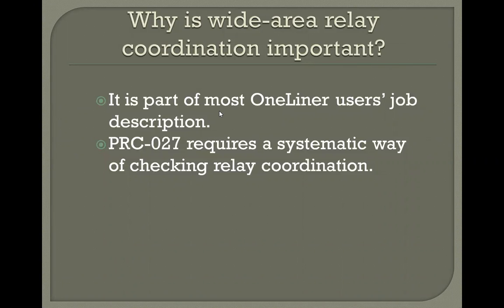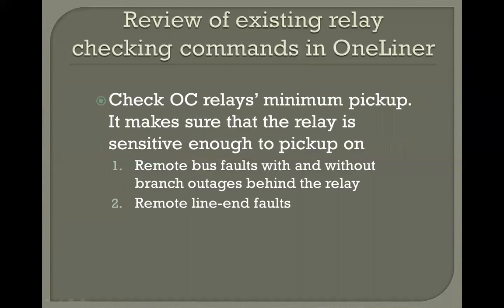To begin, I want to first show you the commands that we currently have in the program for checking relay coordination. I want to let you know that these commands are going to stay. We're not throwing these commands away, but we are going to be making new and improved versions of these commands.